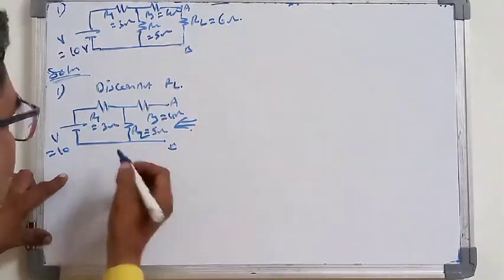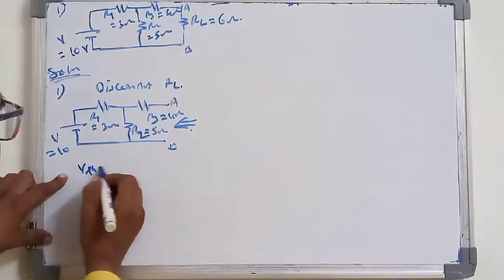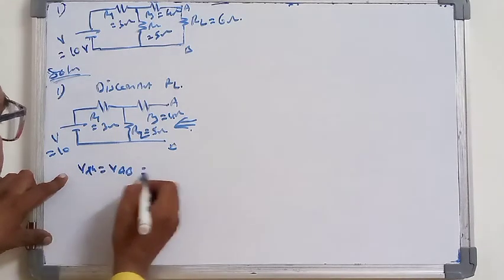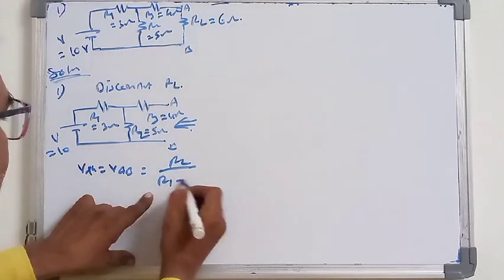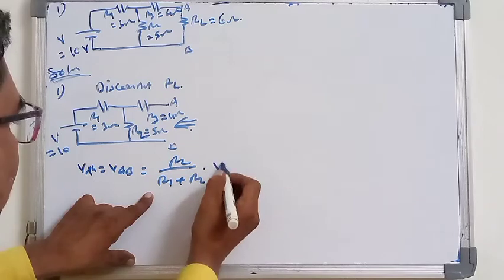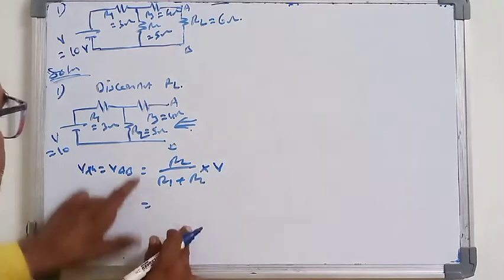Now we will find out VTH is equal to VAB. That is equal to R2 divided by R1 plus R2, multiplied by V. Okay, what is the value for R2?